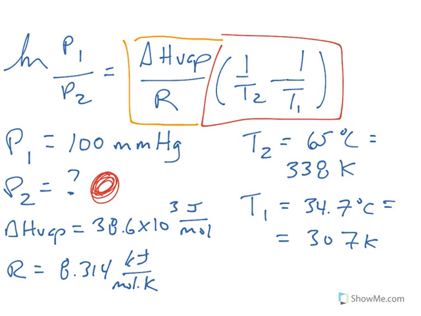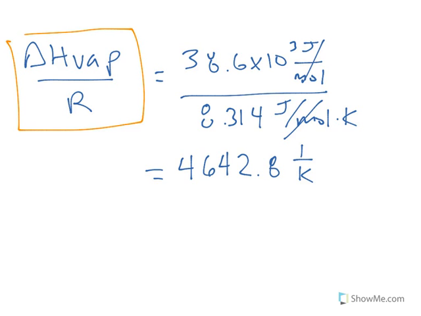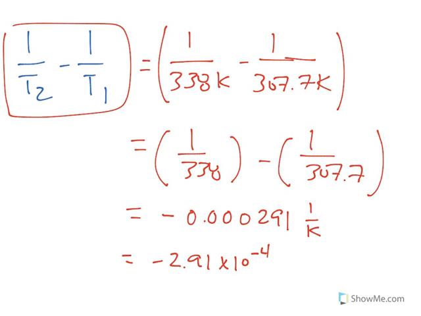All right. So let's go back to our master equation. We've got the yellow chunk and the red chunk, and all we have to do to those two chunks is multiply them. So I'm going to take those two numbers and multiply them together. The two numbers I got were 4,642.8 times the negative 2.91 times 10 to the minus fourth. All right.